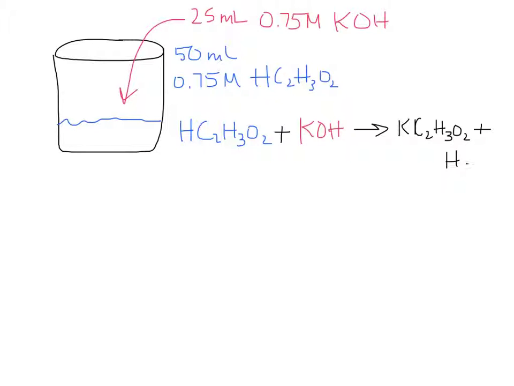and water. So the general format when you have any acid-base reaction, acid plus base gives you a salt of the acid base and water. So this reaction, notice I didn't draw a double-headed arrow. This is not an equilibrium reaction. Every single drop of potassium hydroxide that I add to this acetic acid solution is going to react.